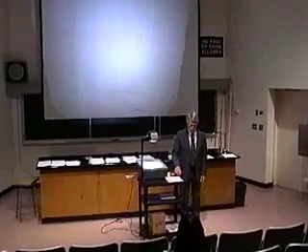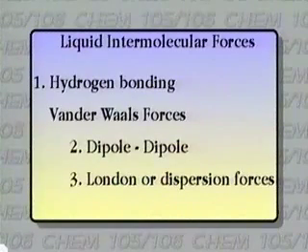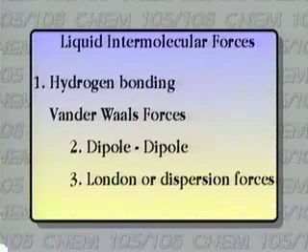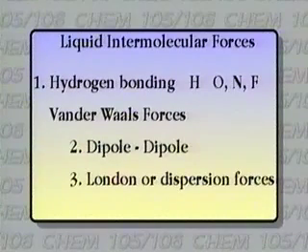In our previous lecture, we were looking at the bonding forces between molecules in liquids, called the intermolecular forces, because in liquids things are existing as molecules. We talked about the three major categories: hydrogen bonding, which of course is rather selective because it involves only compounds that have hydrogen attached to oxygen, nitrogen, or fluorine.